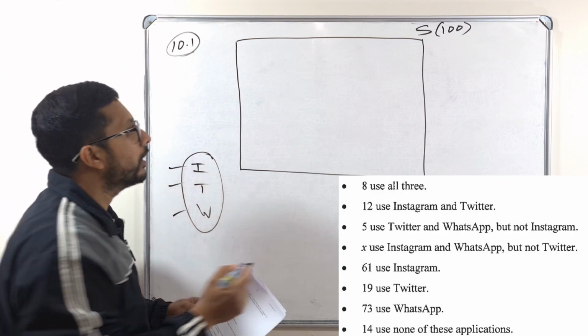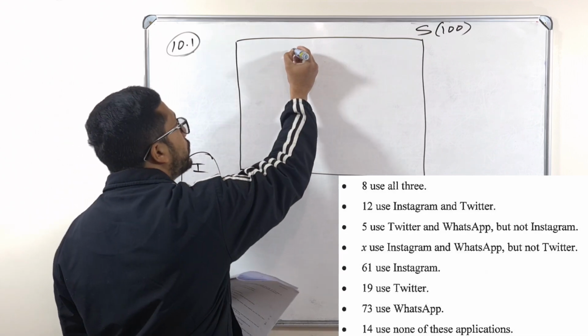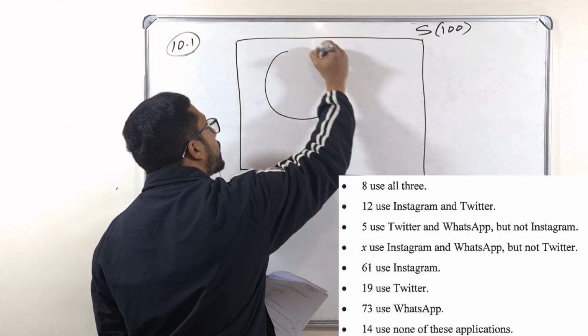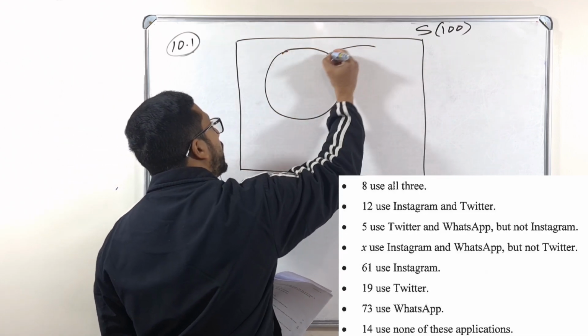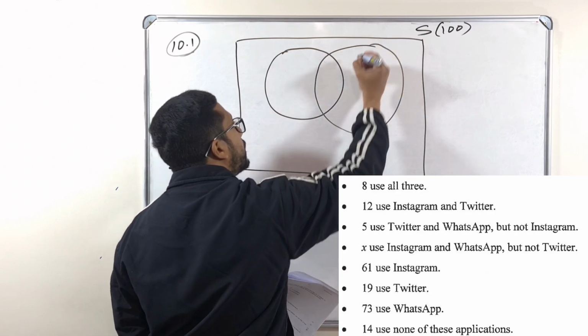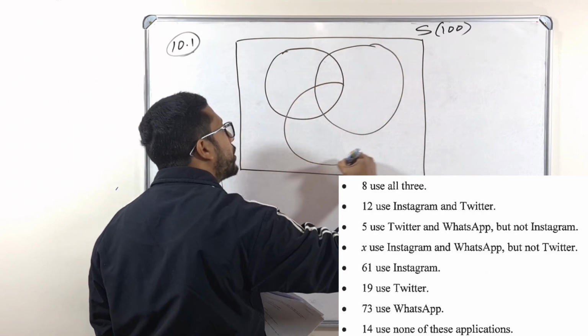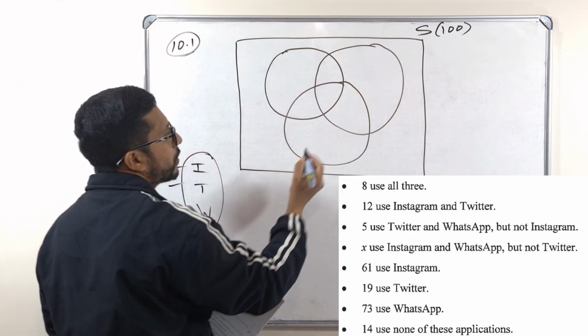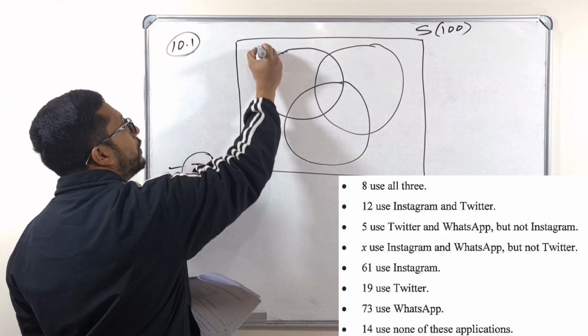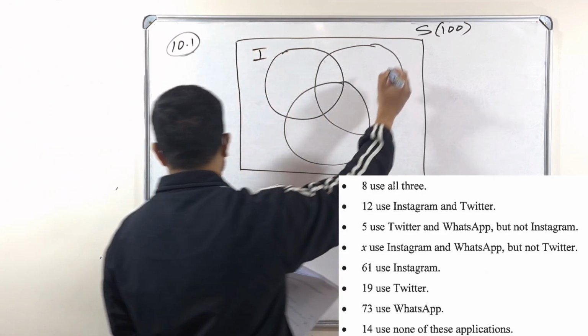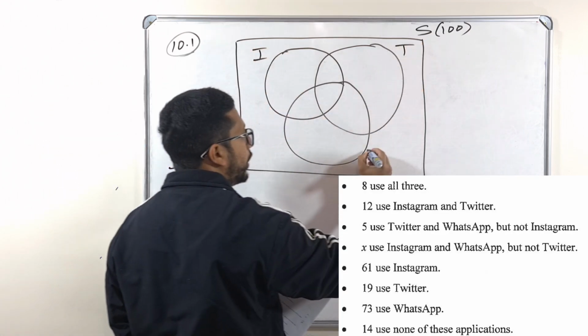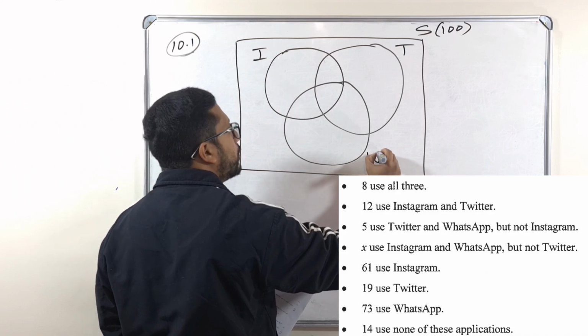So we have to draw the circles, and there must be a common space for all three items. Here this is Instagram, this is Twitter and this one is WhatsApp.